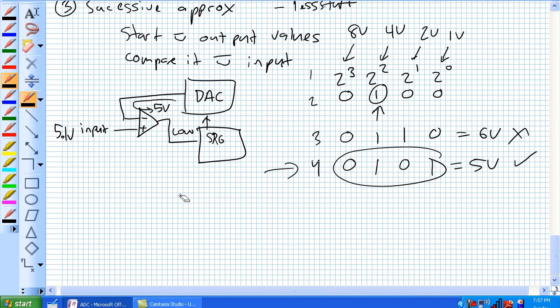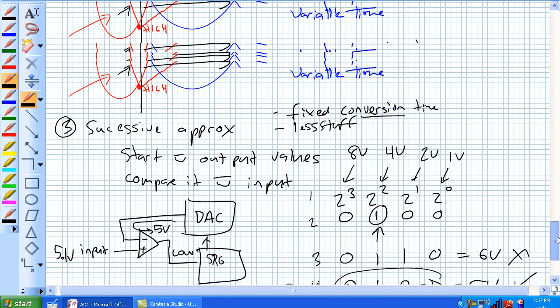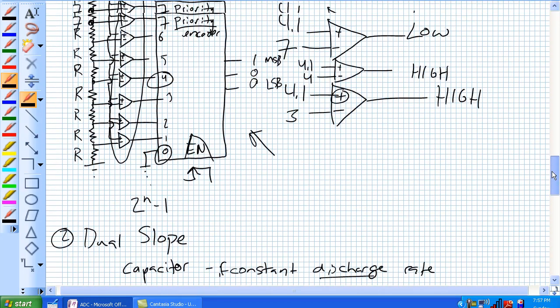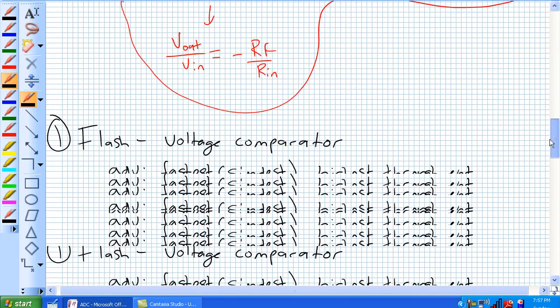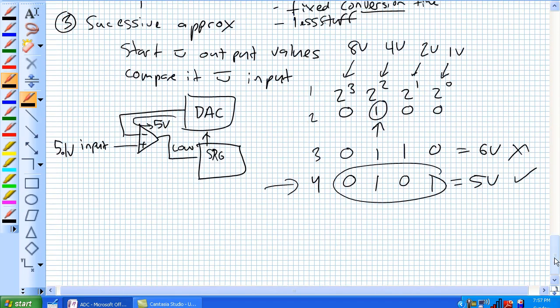Okay, final one. What was our final one? What are we doing here? Oh, sigma delta. Okay, sigma delta analog to digital conversion. This guy is basically a serial stream of ones or zeros.